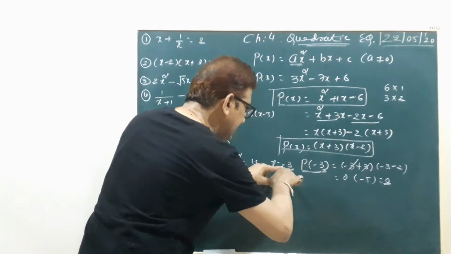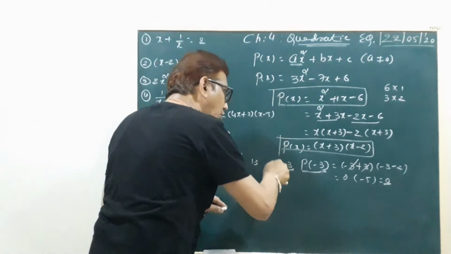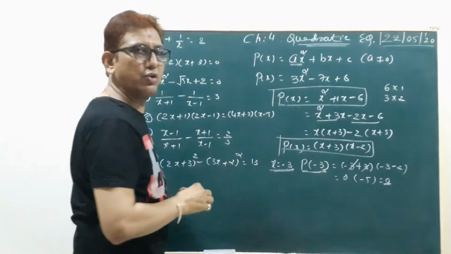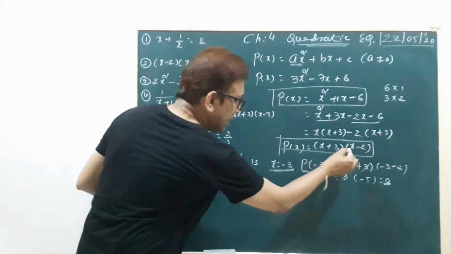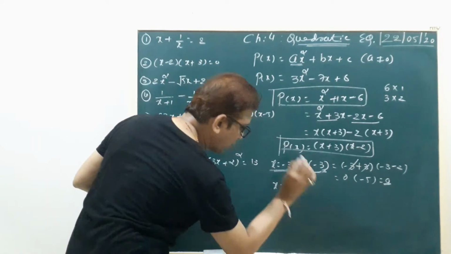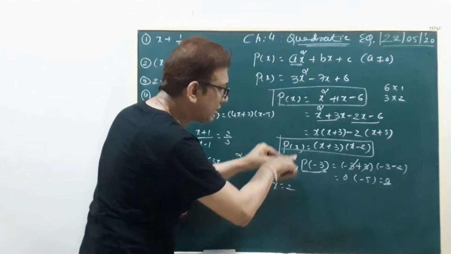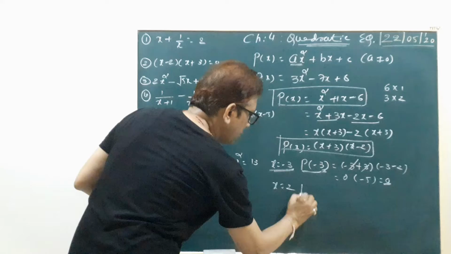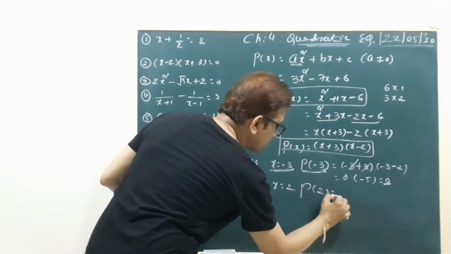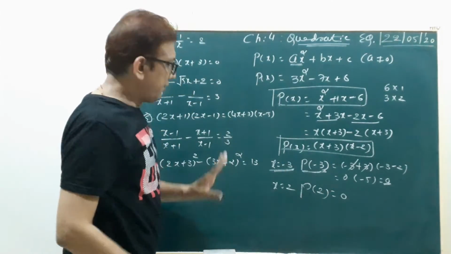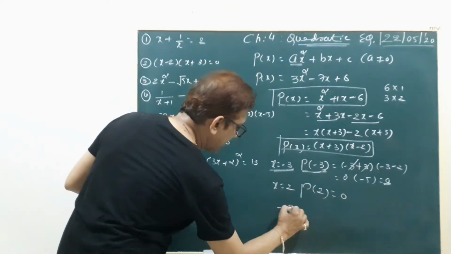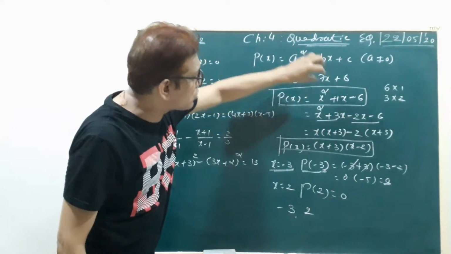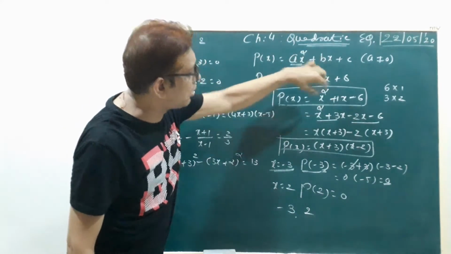So minus 3 is called a zero of this quadratic polynomial. Next, if we put x equal to 2, then 2 minus 2 is 0, and 0 into any number is 0. So p(2) is also 0. That means minus 3 and 2 are the zeros of the quadratic polynomial.